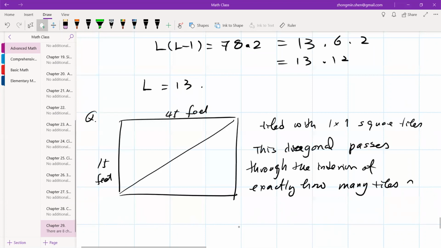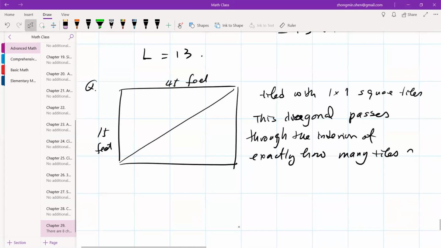Well, it's hard to draw them on a piece of paper. You cannot draw so many different squares and then draw a line. If you could, then of course you could count them directly. But sometimes you don't have these tools. So what is the best way to do it?